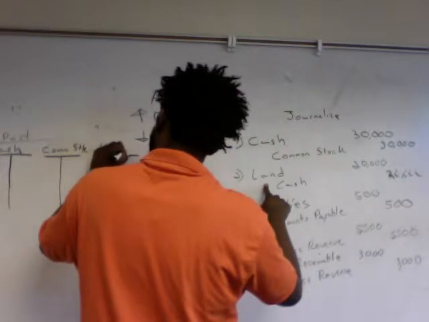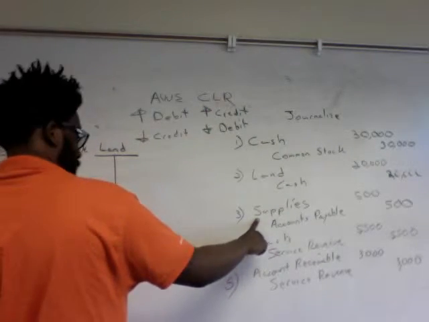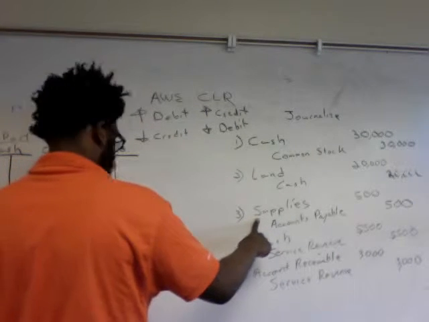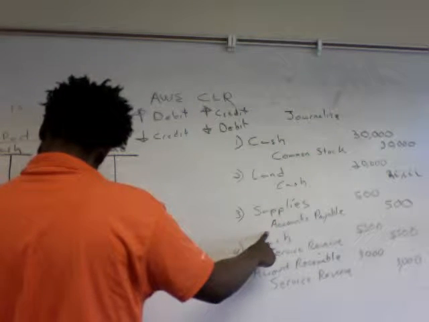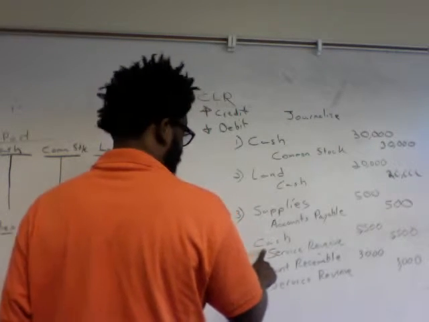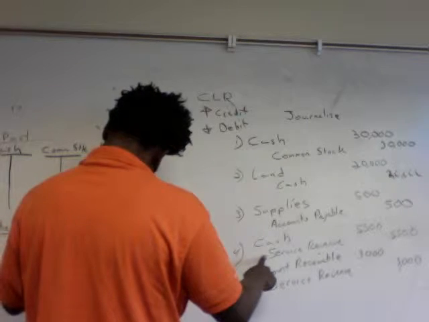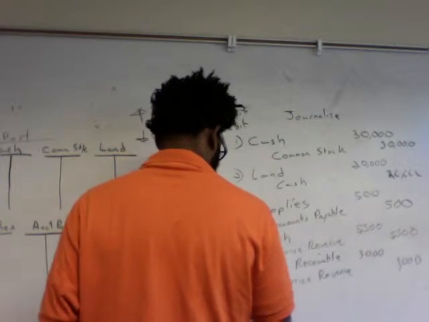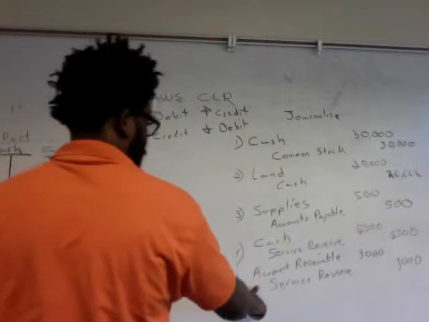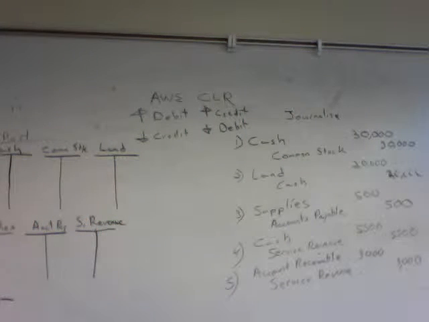Land. Supplies. Accounts payable. We already have cash, so no duplicates. Service revenue. And accounts receivable.